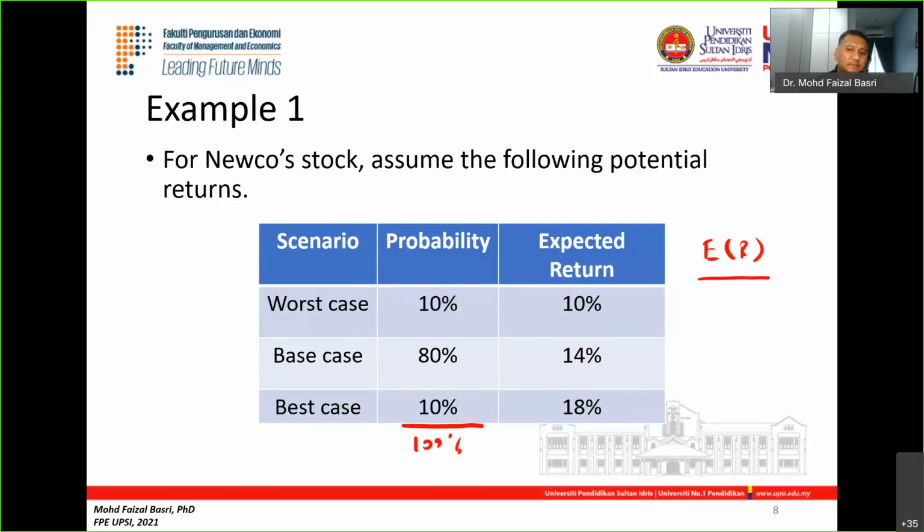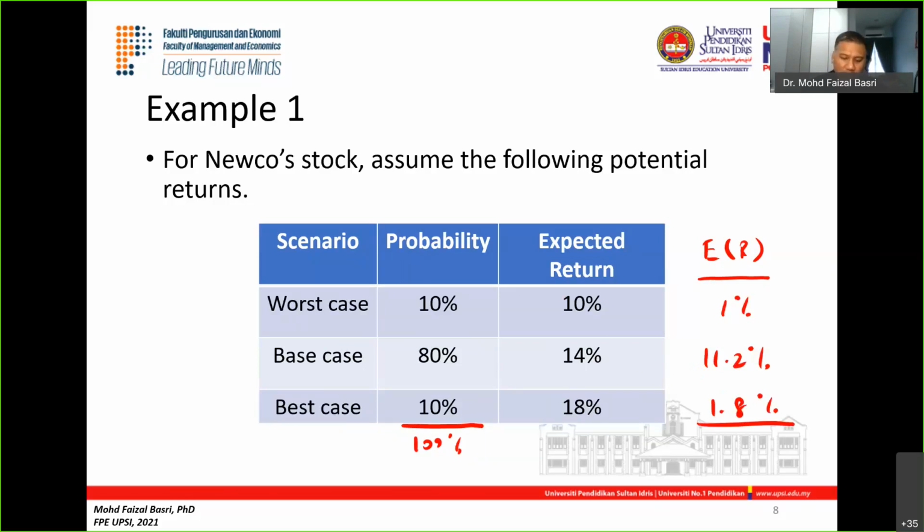For example, the first probability is 10% times 10%, so we have 1% here. The second one is 80% times 14%, which is 11.2%. And 10% times 18% gives us 1.8%.